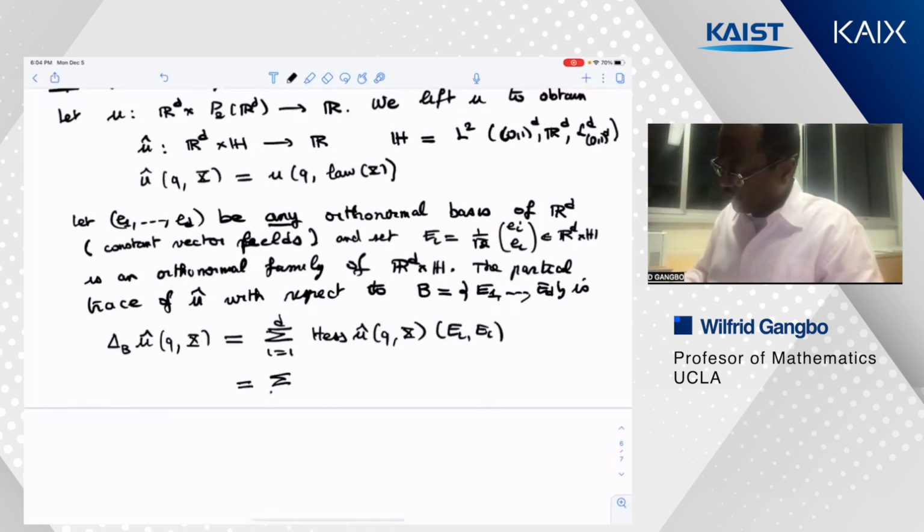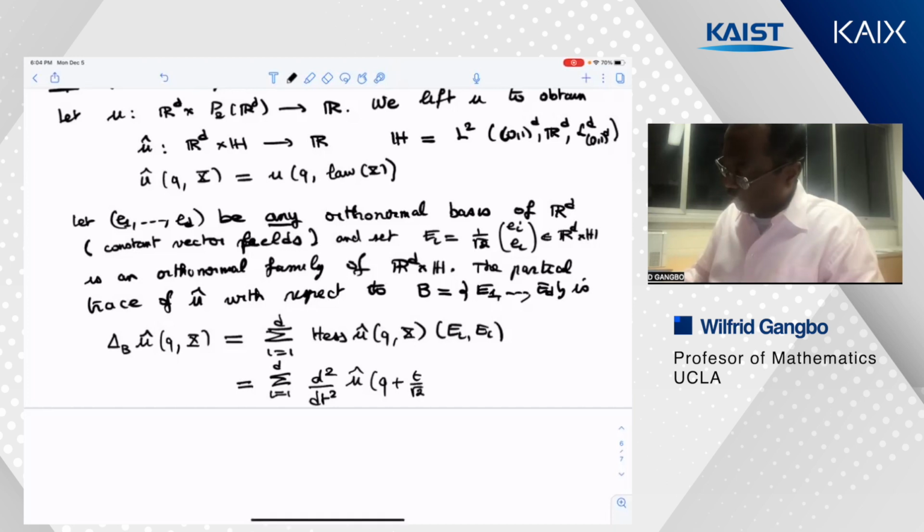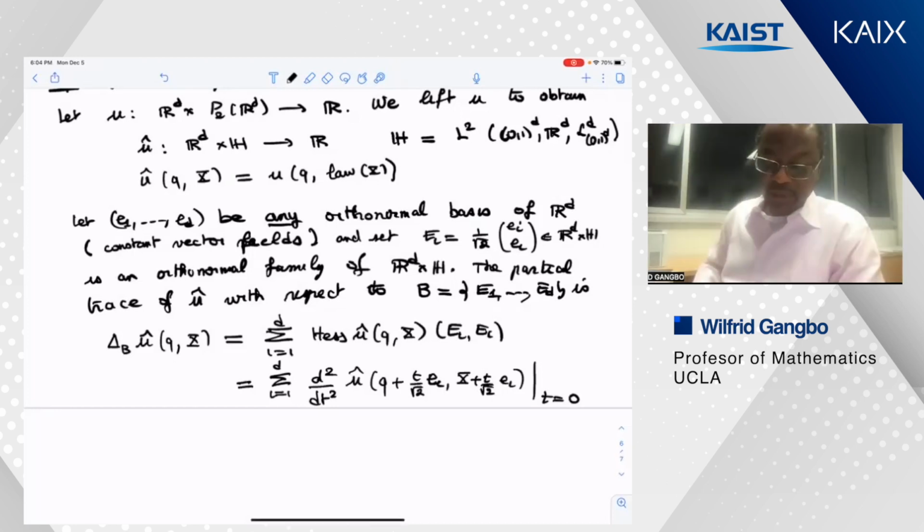More precisely, you can check that another way of defining this is I differentiate twice with respect to time U hat of (q plus t over square root of 2 ei, X plus t over square root of 2 ei), and I compute the second derivative at t equal to 0.